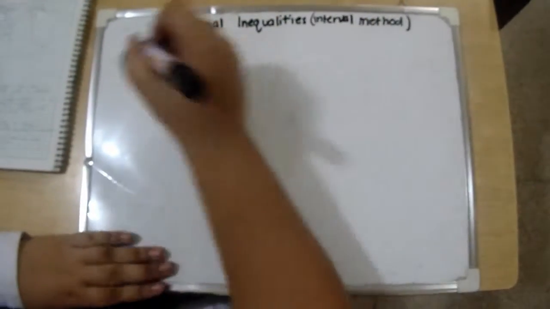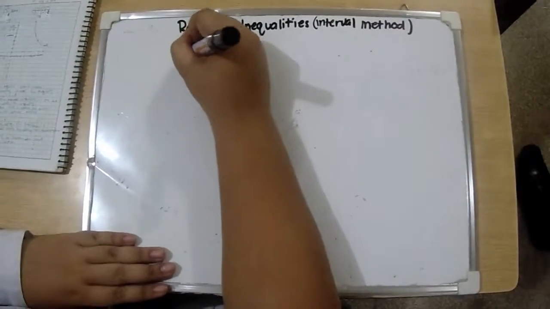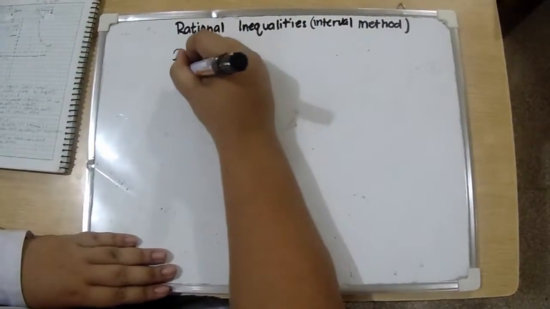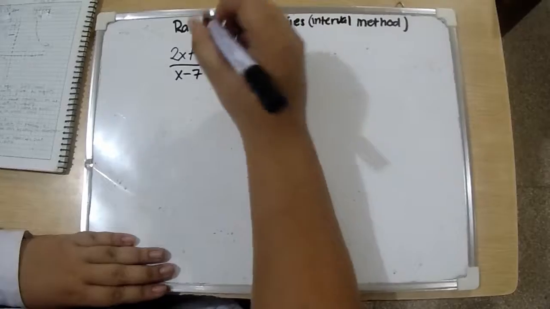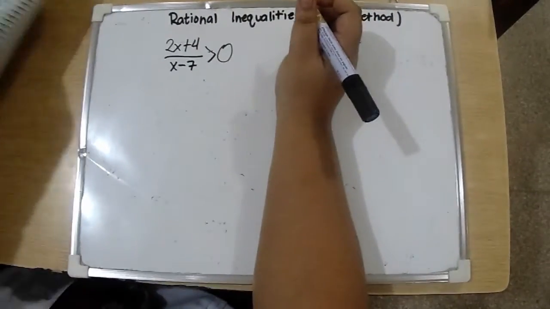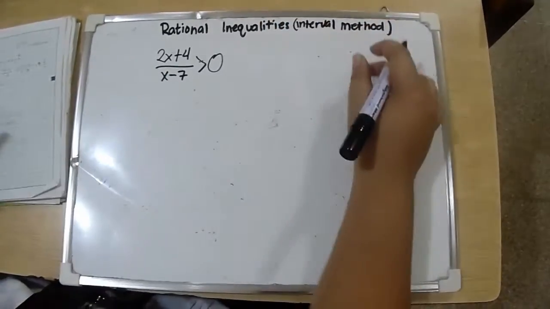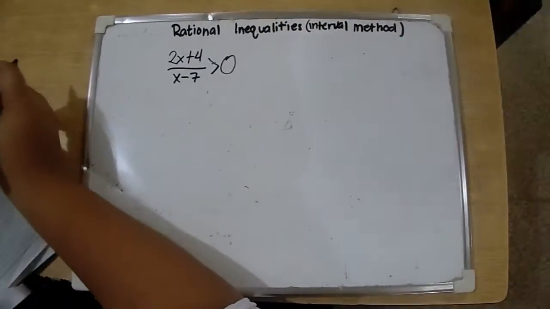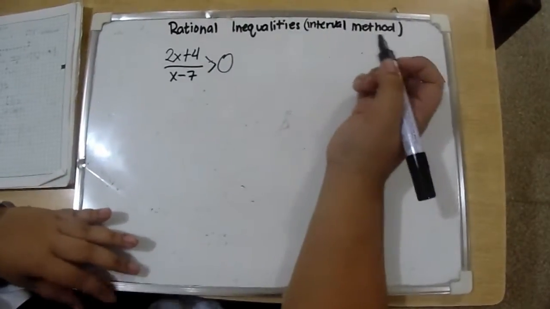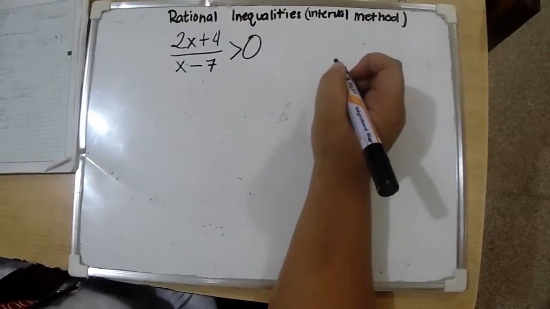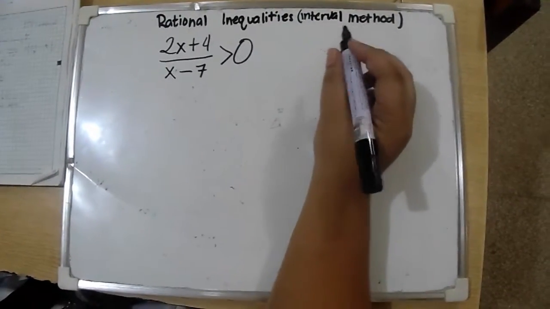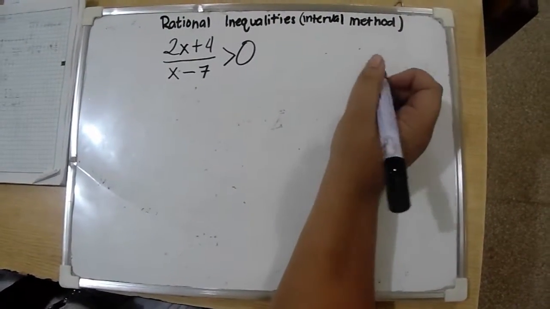So for example, we have 2x plus 4 over x minus 7 is greater than 0. Based on the first step, we need to set the inequality to 0.